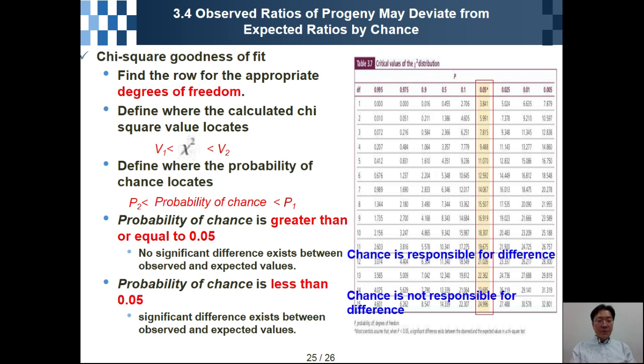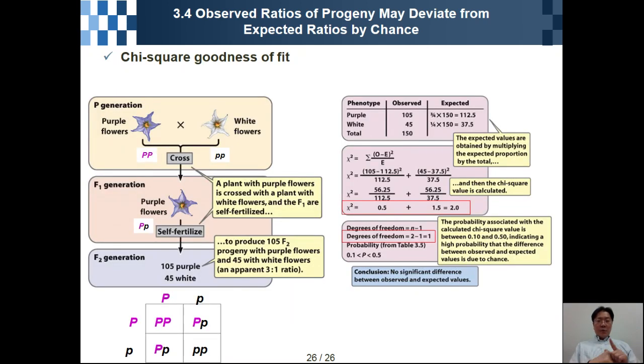Okay, let's solve one problem. On this slide, we will solve one chi-square goodness of fit example because this is very difficult to understand. Let's start.